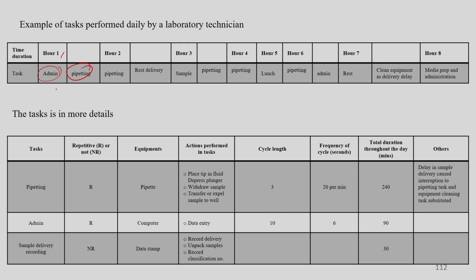In the second hour he continues with the pipetting and the rest is delivery. In the third hour he is doing sample collection, then pipetting, then he pauses for lunch, a one-hour lunch break, right. The first 4 hours he is working and then in the 5th hour he takes a break for lunch.